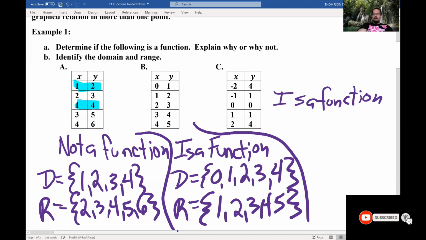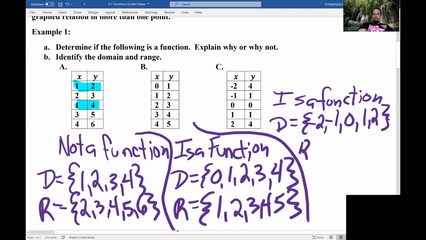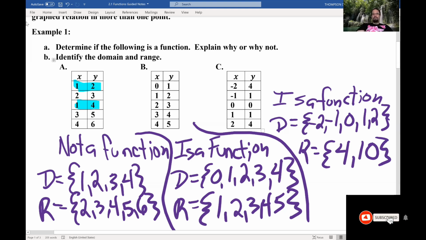Our domain, we can write down as -2, -1, 0, 1, and 2. And our range is 4, 1, and 0. And we are done with example 1.